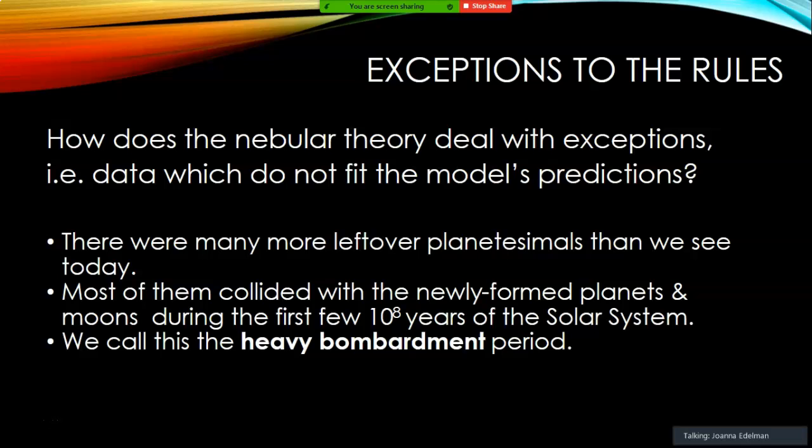Why is it that certain moons' orbital direction doesn't follow the spin of the planet they're orbiting? Why is it that certain planets' orbits are tilted relative to that original disk of planets that were orbiting the sun? So it pretty much all stems from the time period which we refer to as heavy bombardment.